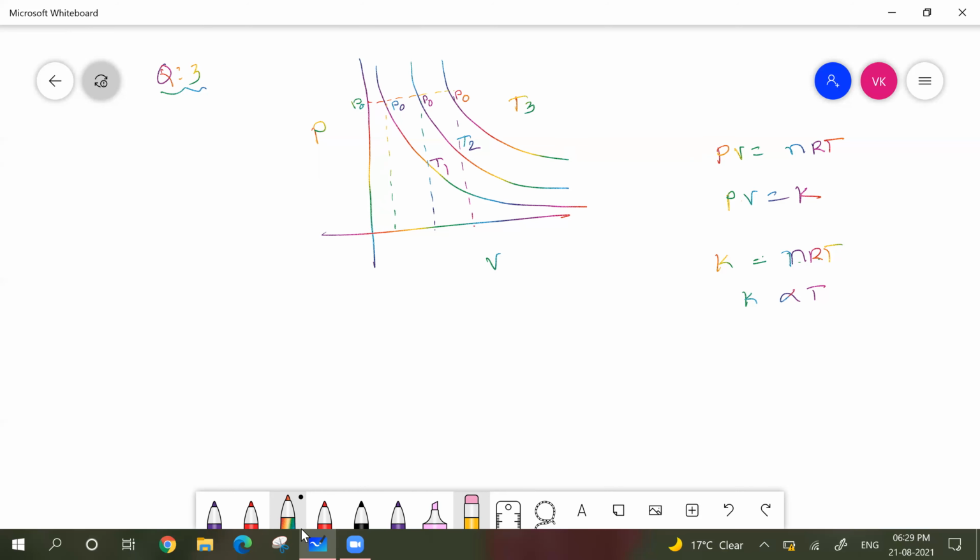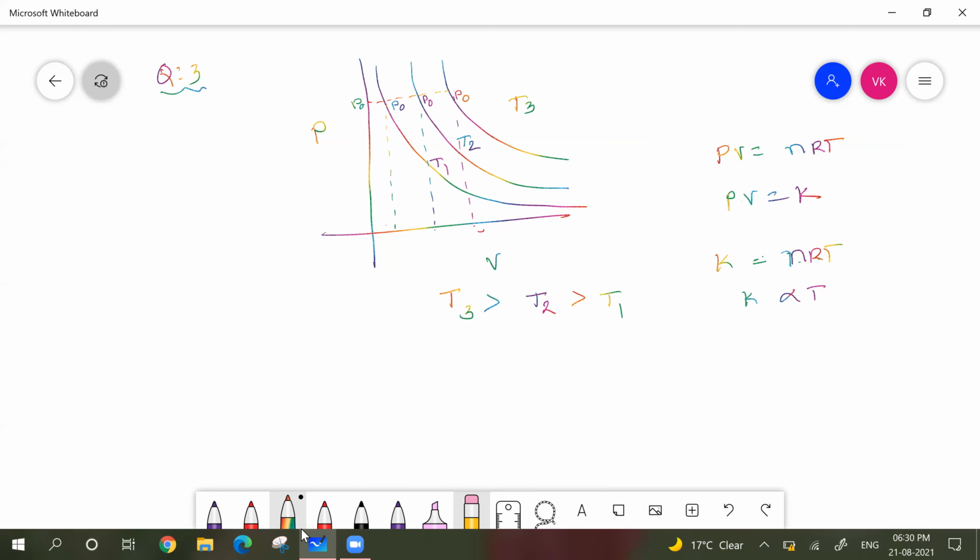So that means what? Here the values are increasing from here to here, the volume is increasing. So that means we can say that T3 will be more because the volume is increasing. So obviously temperature also increases. T3 is greater than T2 is greater than T1. So pressure is constant and the volume is increasing from T1 to T2, T2 to T3.